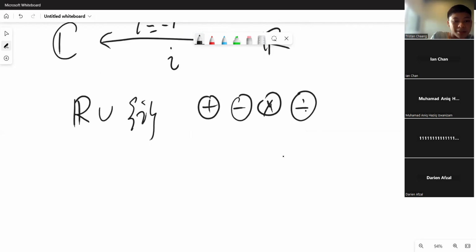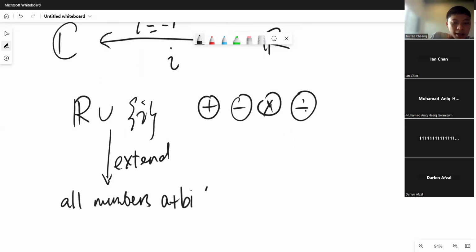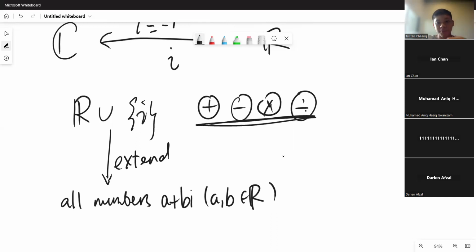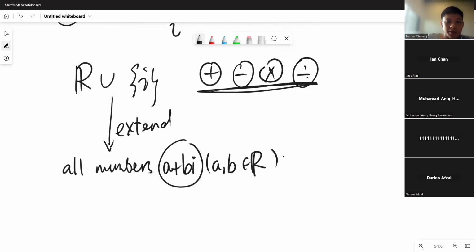What you would expect is that all numbers in the form a plus bi, where a and b are real numbers, should be in the set, right? Because if i is inside, then b times i is inside. And if b times i is inside, then b times i plus a is also inside, if we allow ourselves to use all of these operations.